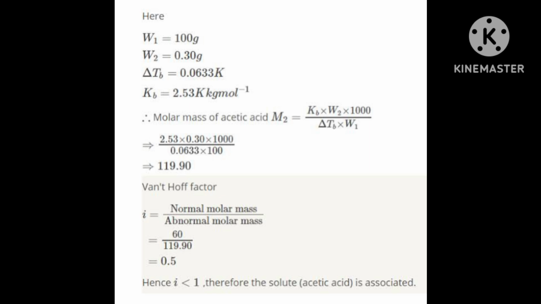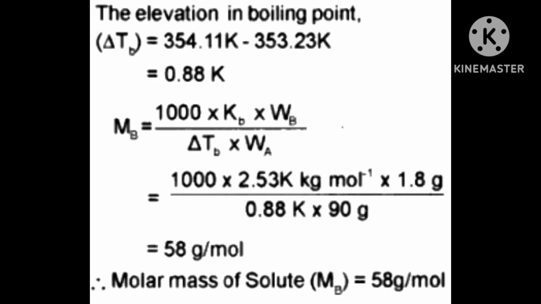Now in this you put the value of m, which is W2 by M2. The 1000 is upside and W1 is down. Solvent is down and solute is upside, W2 into 1000. It is a very easy calculation. Then m is equal to 1000 into W2 divided by M2 into W1, with capital M2.